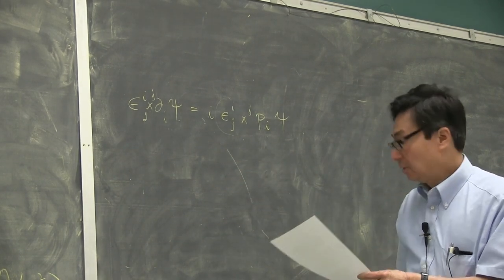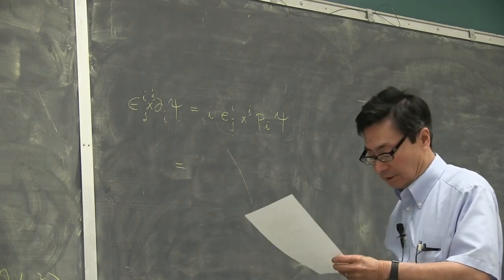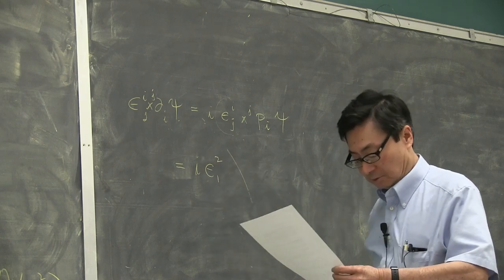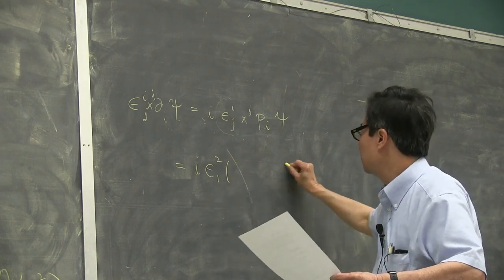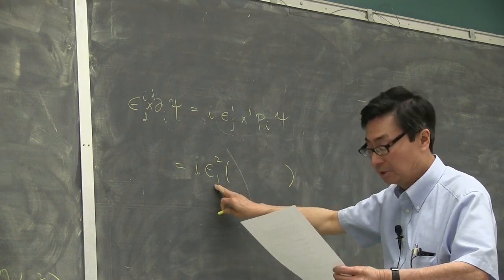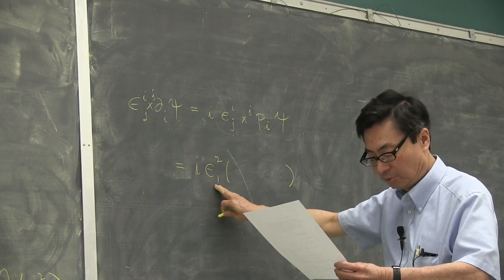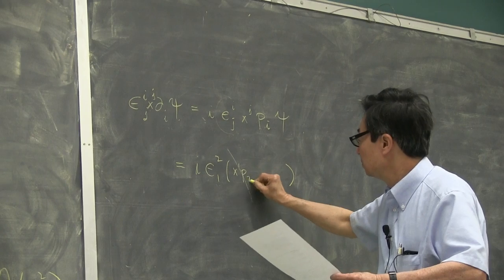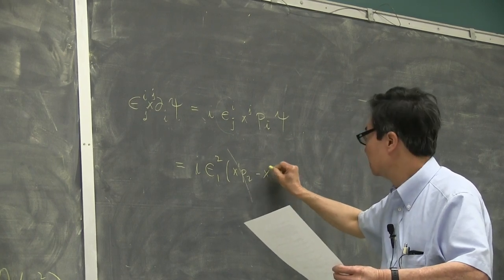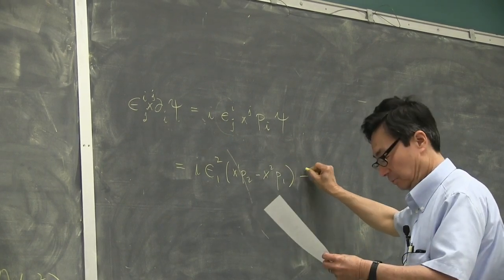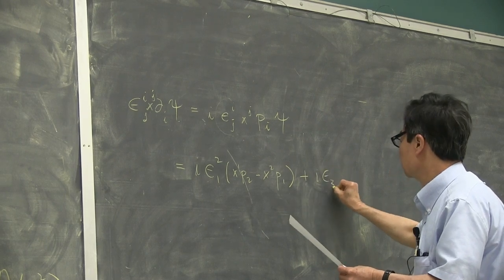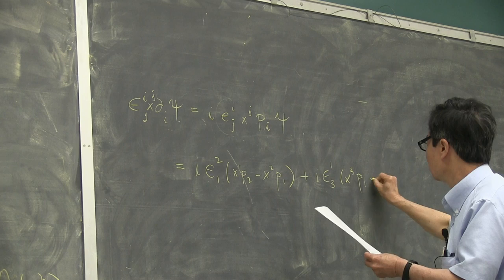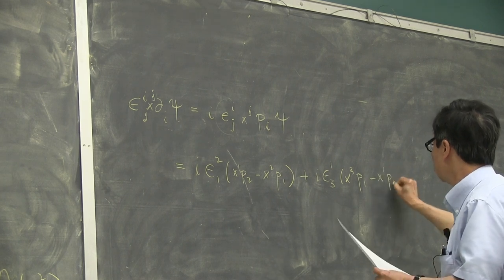And so when you put in the summations explicitly, you are going to write the expression in terms of the 3 independent epsilon numbers, epsilon 12, epsilon 31, and epsilon 23. You're going to get something like this: i epsilon 12 (x1 p2 minus x2 p1) plus i epsilon 31 (x3 p1 minus x1 p3).